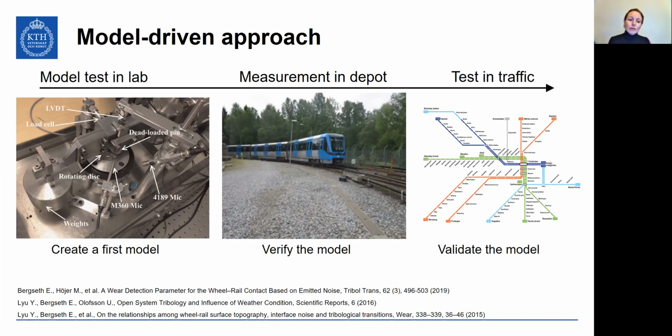Model tests are cheap, meaning less cost and more system control, but one really has to make sure to imitate the same failure modes, the same wear mechanism. And studying the wear mechanism in the real world and in the lab, comparing these, is one way of securing that you have the same failure modes.